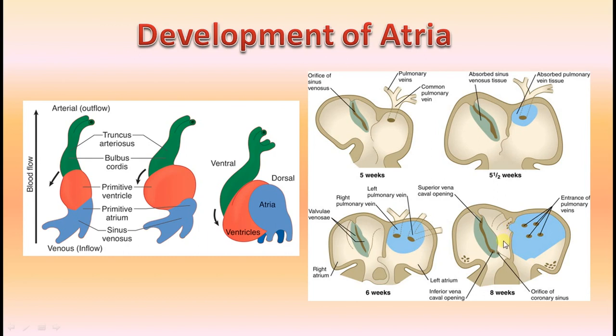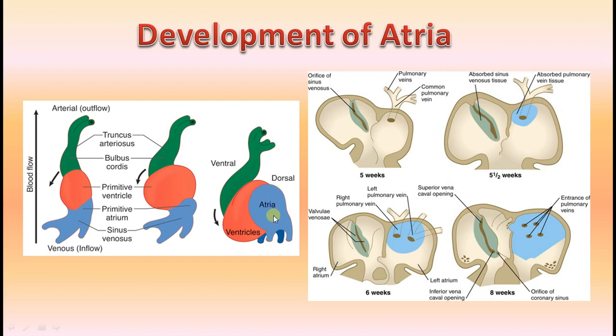So upper part of septum primum disappears, lower part of septum secundum disappears. So this lower part only is seen as the fossa ovalis, from the septum primum. The lower free margin of septum secundum forms the limbus fossa ovalis.